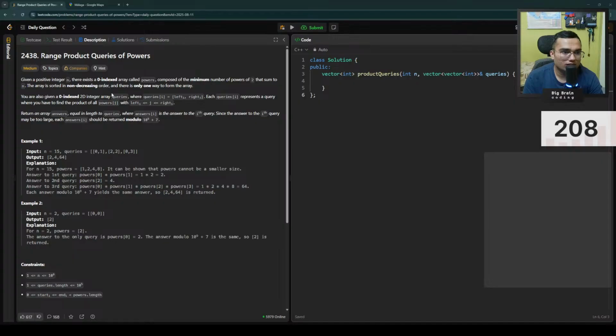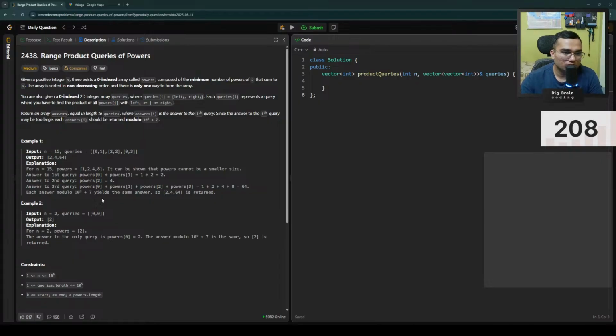So n equals 15. What does that mean? Composed of the minimum number of powers of 2 that sum to n. Oh, minimum number of powers of 2.